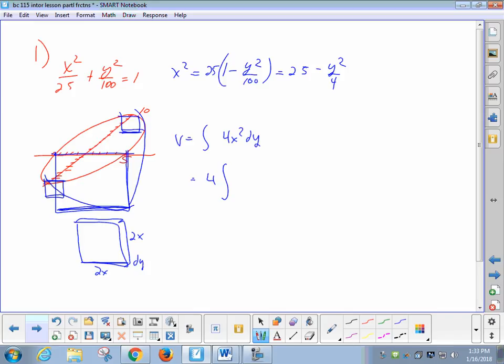If I take that 4 and multiply it by 25 minus y squared over 4, then the integrand becomes 100 minus y squared. From where to where, considering it's y? Negative 10 to 10. Could you do 0 to 10? You could, there is symmetry, so you could go 0 to 10 and double.